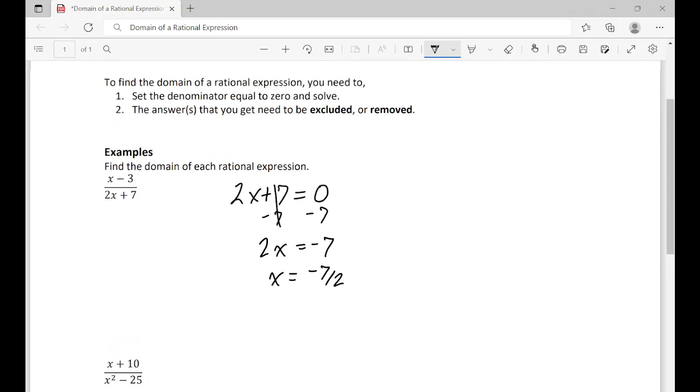And like I said before, it needs to be excluded or removed. So this is an answer we cannot have. So x cannot be negative 7 halves.